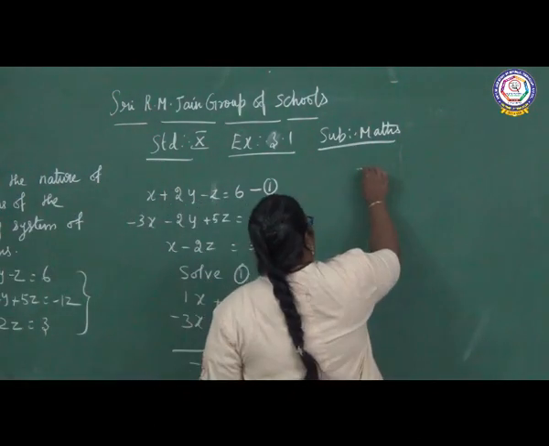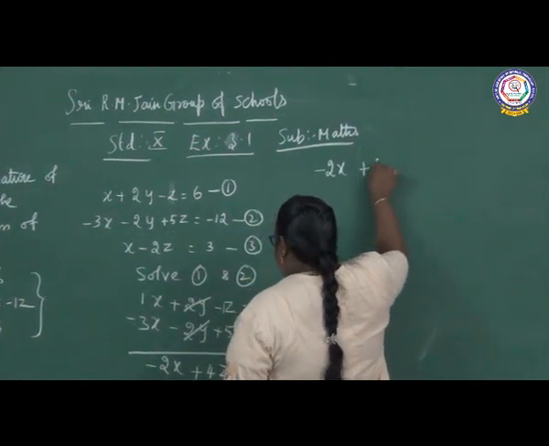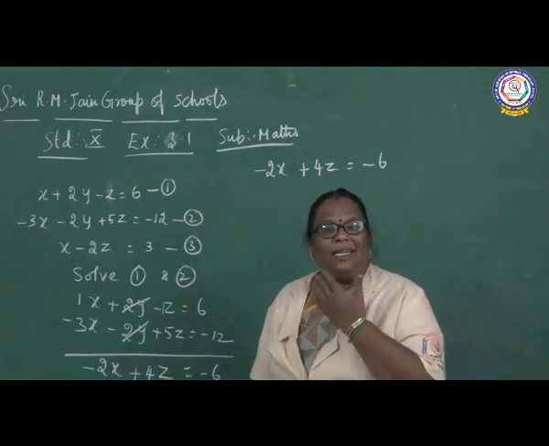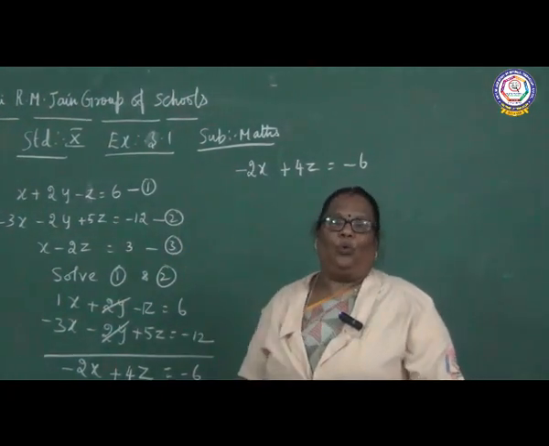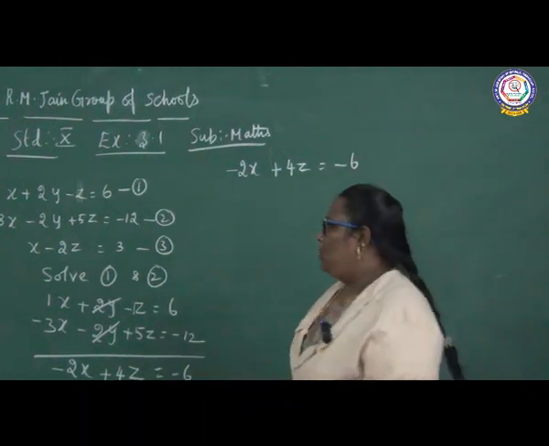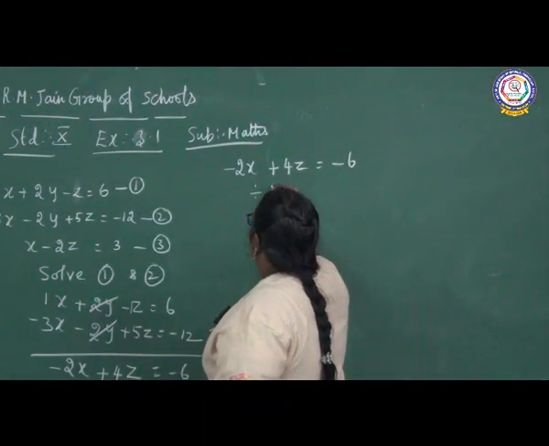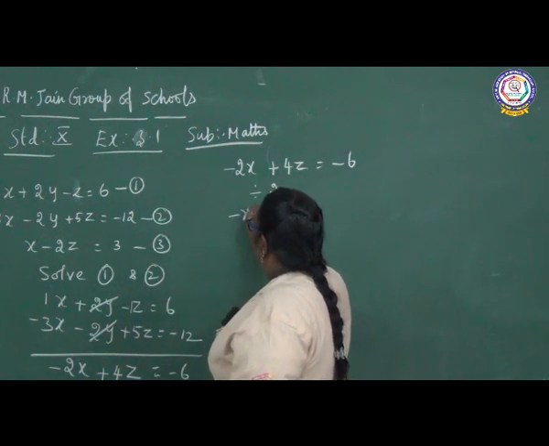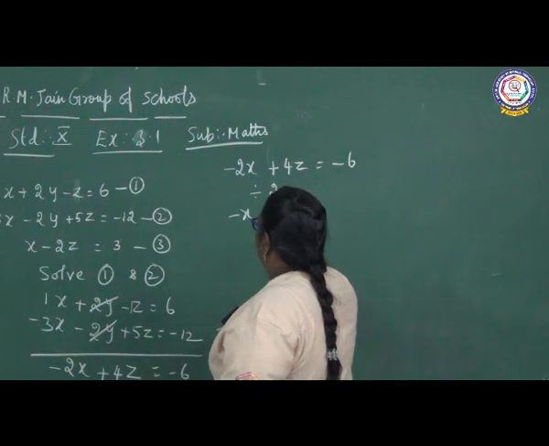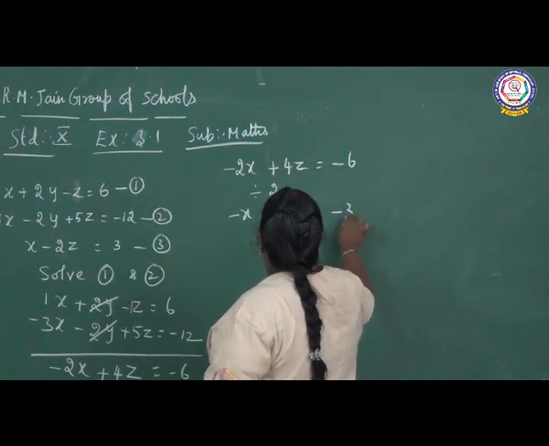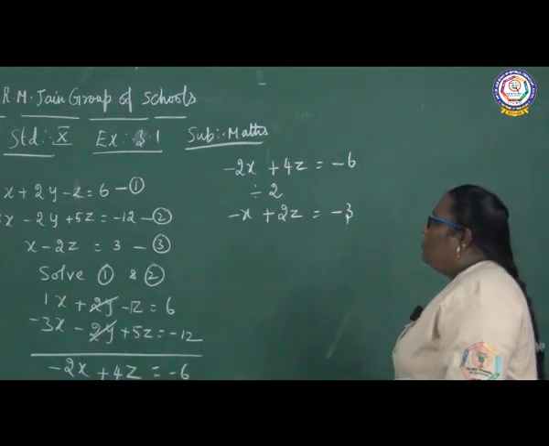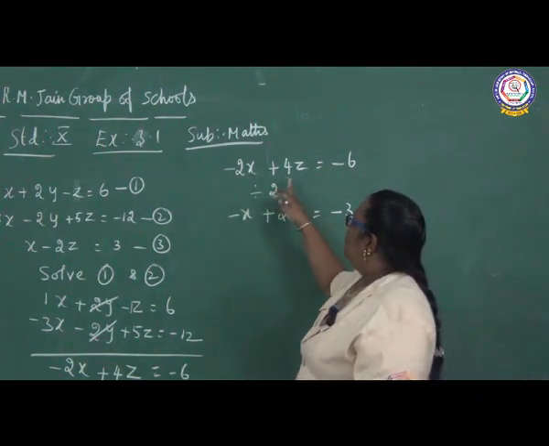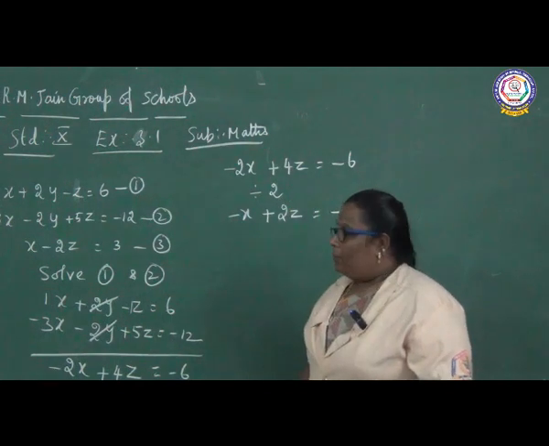So, what is the new equation here? Minus 2x plus 4z equal to minus 6. See the equation, it is a multiple of 2, so I can divide by 2. Divided by 2, minus x plus 2z equal to minus 3.